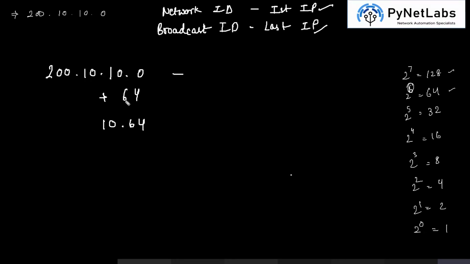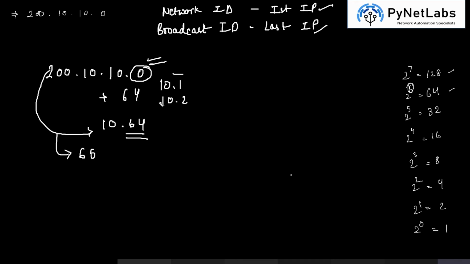But the thing we are missing is that in this 64, the 0 is also being included. Since the value is 0, you don't find any difference in the number. But in this range, if you count the number of IPs, it will be 65 because 10.0 is also being included. After that, 10.1 will be there, then 10.2 till 10.64.